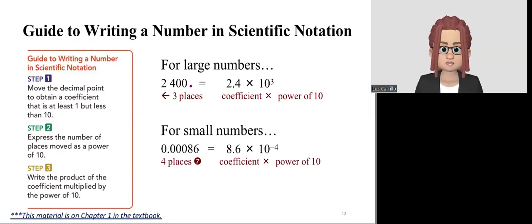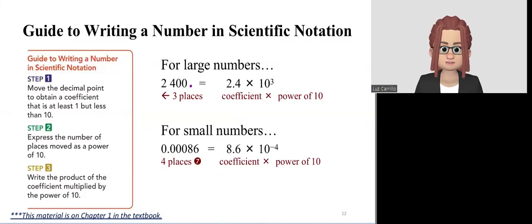Now, according to the rules for writing scientific notation, we need to move the decimal place such that the coefficient is at least 1, but less than 10. We can see that on step 1. So if I move that decimal place, I need to convert it to a digit that is at least 1, but less than 10.